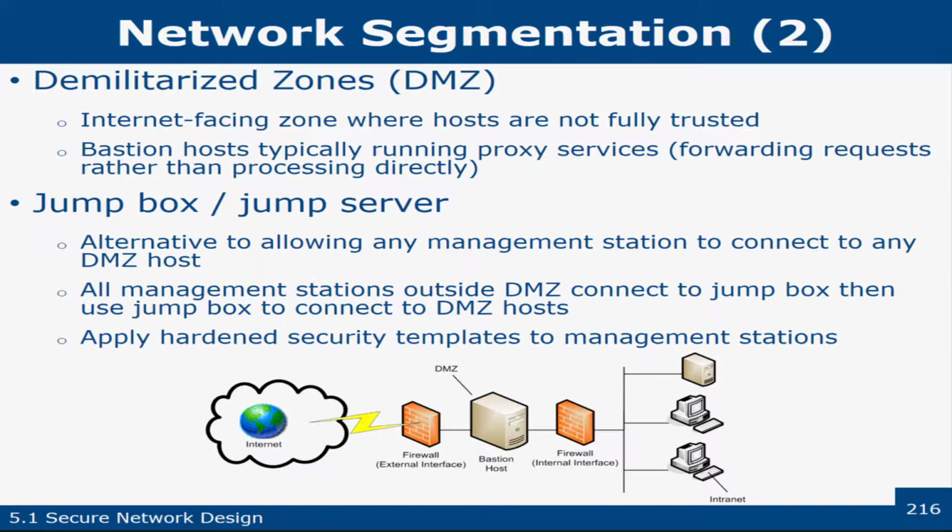Another way to segment, for example, your network from the internet is to have what's called a DMZ, a demilitarized zone. This is typically an internet-facing zone where hosts are not fully trusted. Typically, you're going to have a bastion host, also known as a jump box, where you could allow management as well. But the goal of having a DMZ, a jump box, is to provide isolation from the network in most cases.